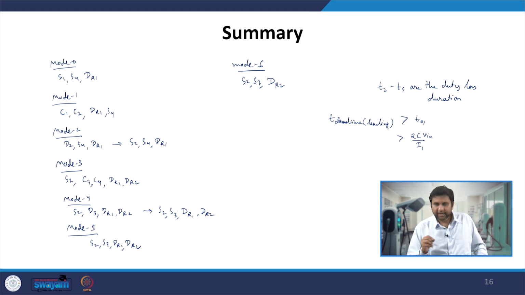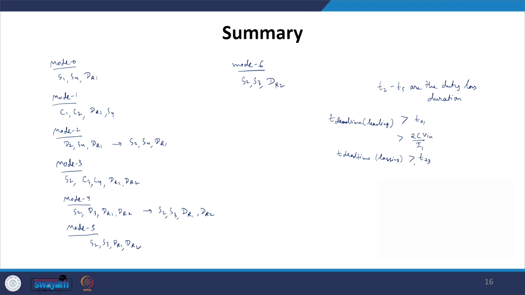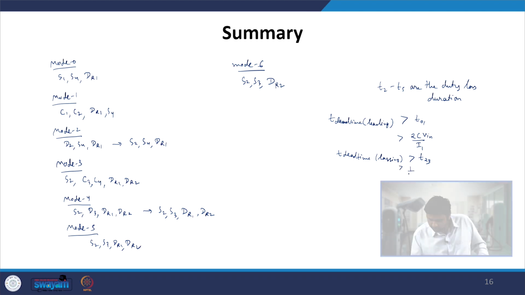And the time of the lagging leg is to be greater than T23, which is a slightly bigger value, which is 1 by omega 1 sine inverse.